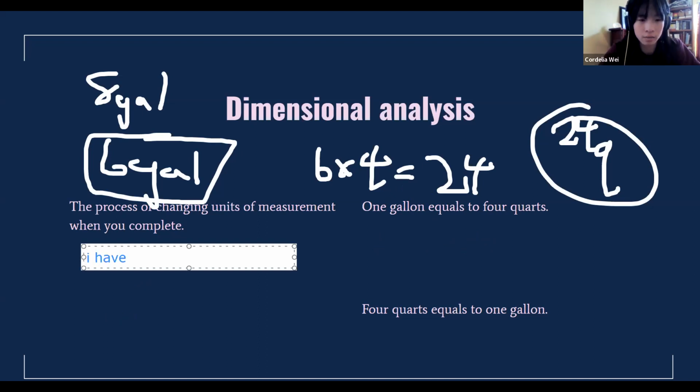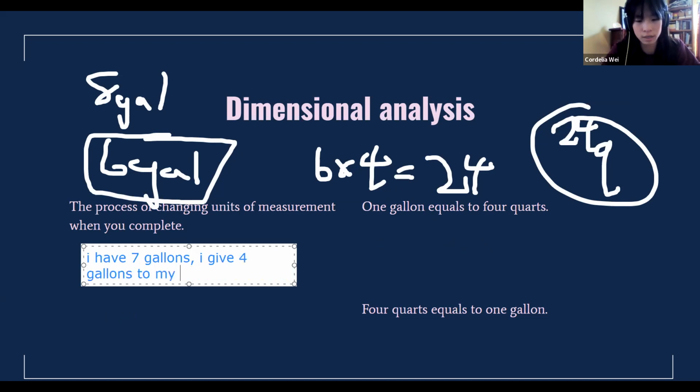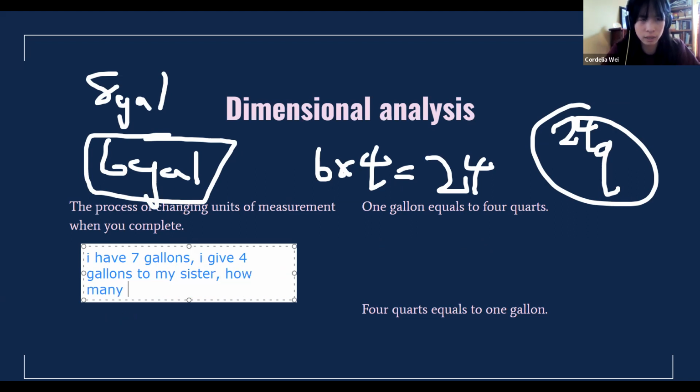I have, let's say, 7 gallons. I give 4 gallons to my sister.